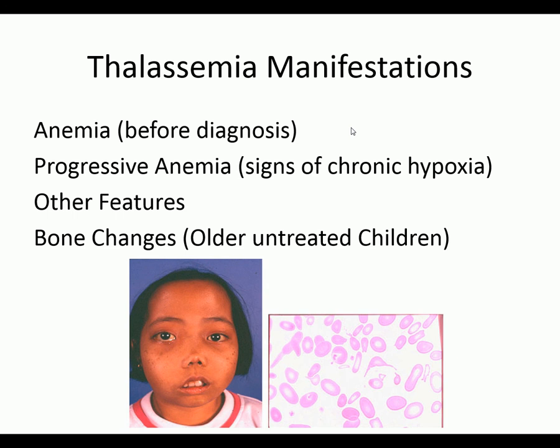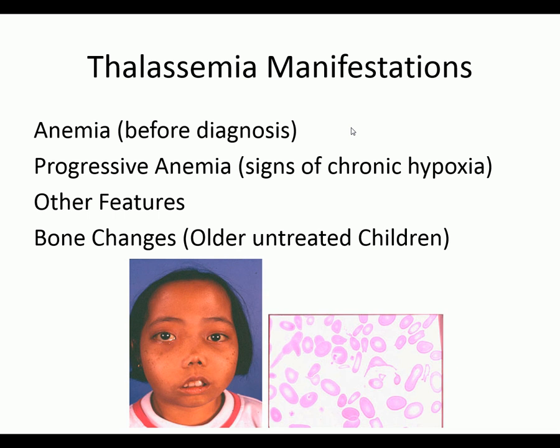They'll have fewer bone changes with these transfusions, normal to near normal growth and development until puberty, and they'll have fewer infections. So you'll need to teach the patient and the family, the child and the family, how important these transfusions are to them.